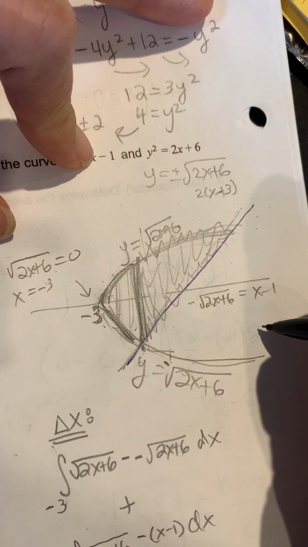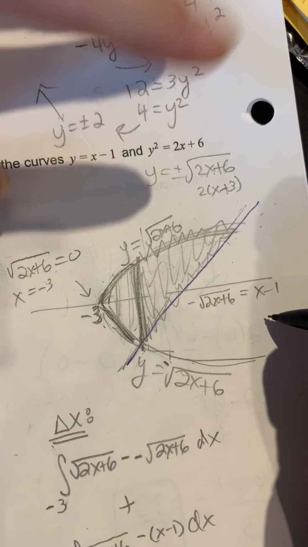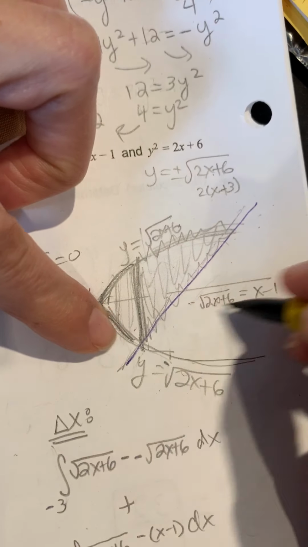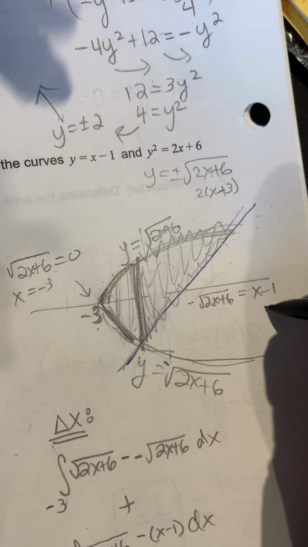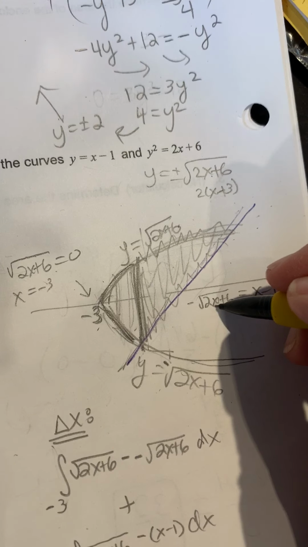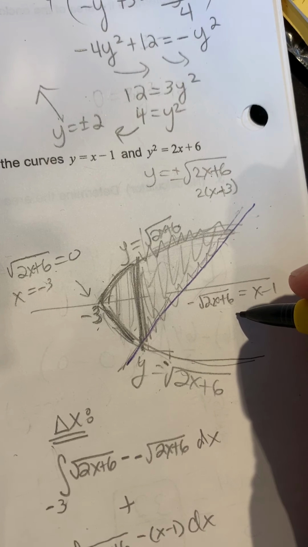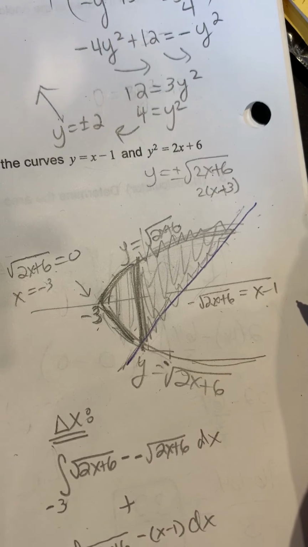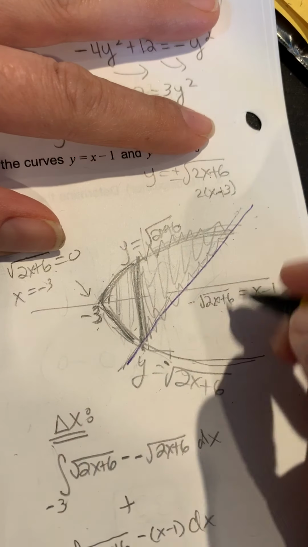Square both sides. And by the way, if you come up with the number in your head without doing the algebra, that's okay too. Sometimes you can come up with it. That's fine too.